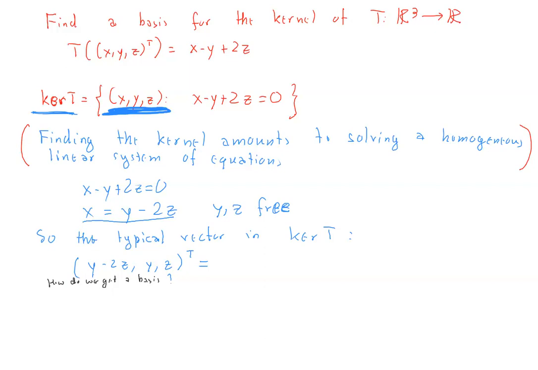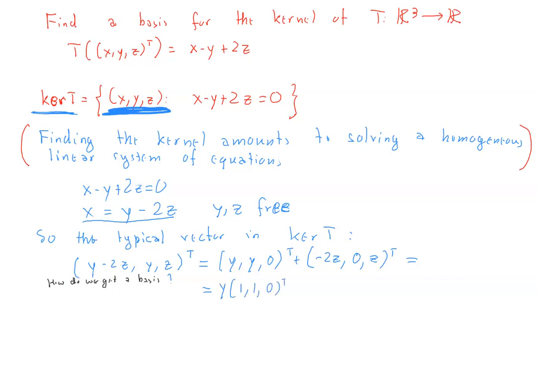So here's what we do. Here's the standard method. You separate the unknowns. So you have a vector that has all the y's in it, and a vector that has all the z's in it. And then you factor out the y and the z.